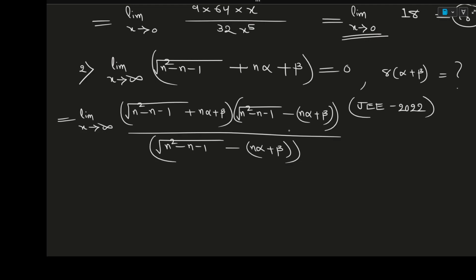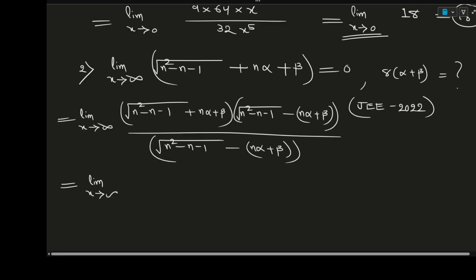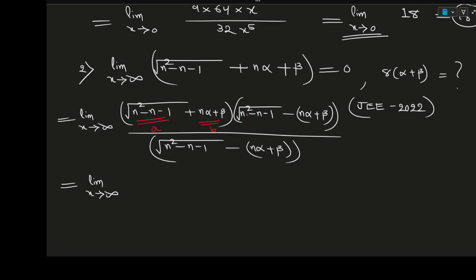So I have just multiplied by taking the negative of this expression in the numerator and denominator. So clearly I can see that here it is a, here it is b, and a plus b, and it is a, and it is b.